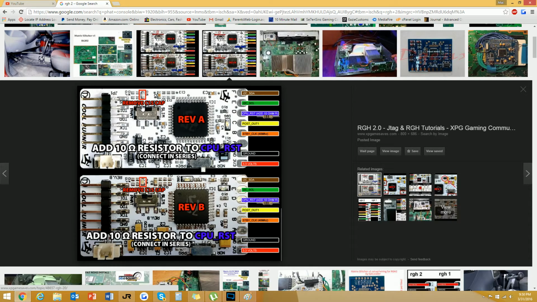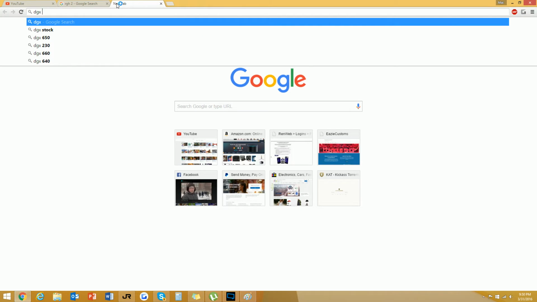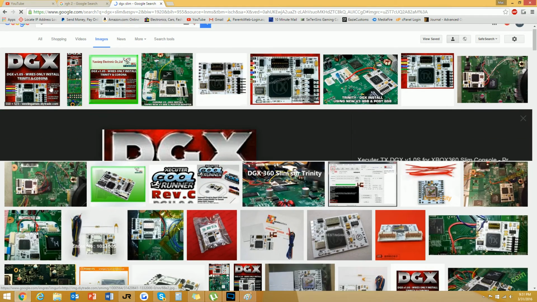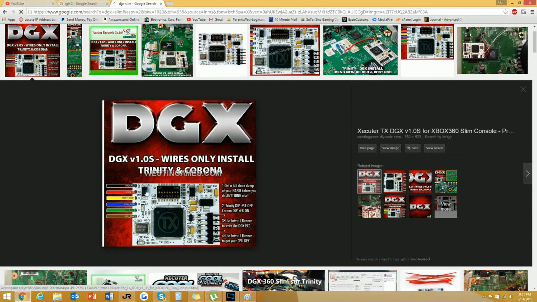So what you had to use is something called a DGX. Now, I'm going through the whole history of RGH1 and 2. DGX Slim. And this was the only way to simply get your CPU key: you'd have to install this DGX on the board, and this was your only way of retrieving that CPU key, because it was impossible to do with RGH2, and let's just say it was a bit more confusing.